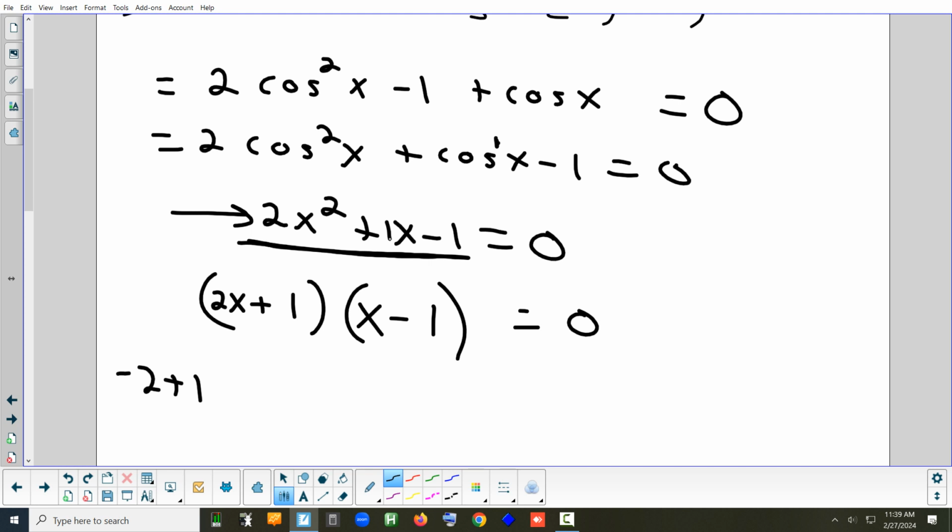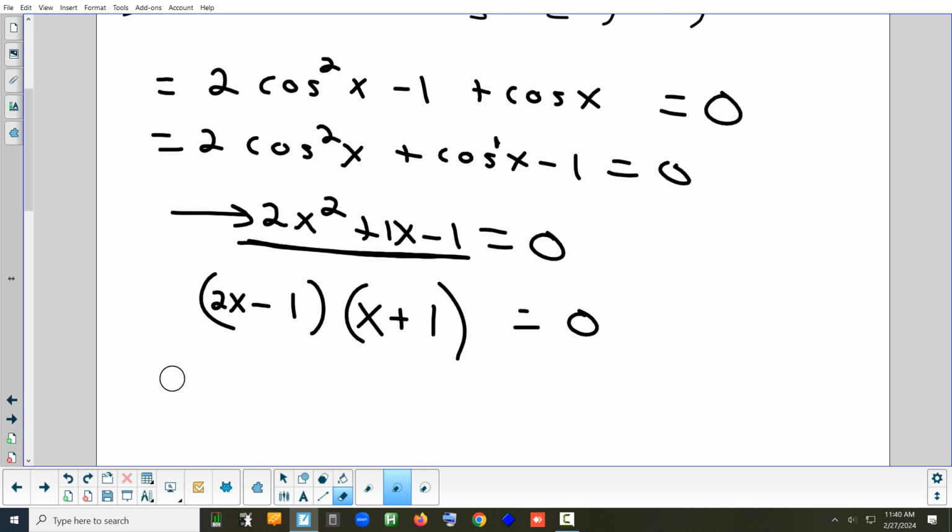Let's try it this way. Now we get 2x squared plus 2x minus 1x. What's 2x minus 1x? 1x. That's exactly what's supposed to be in the middle, and negative 1 times 1 is negative 1. So we factored it. But we need to factor it with cosine, not with x. Can't we just replace the x with cosine x? Yeah.